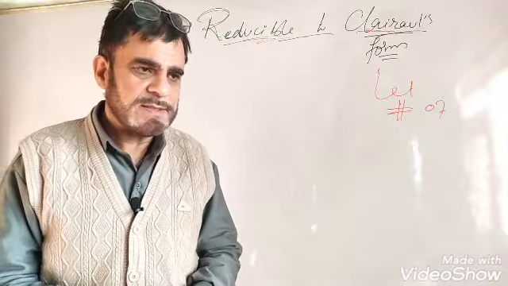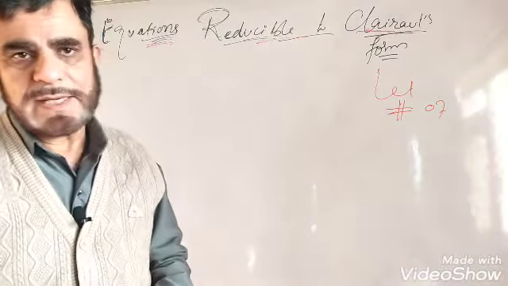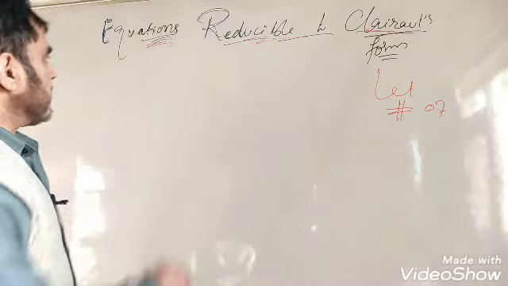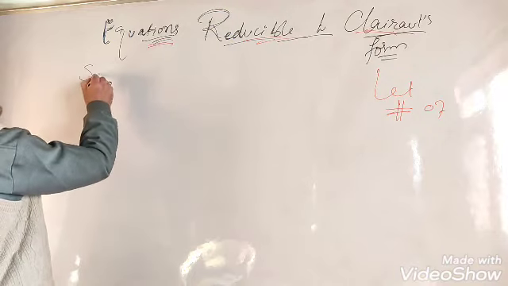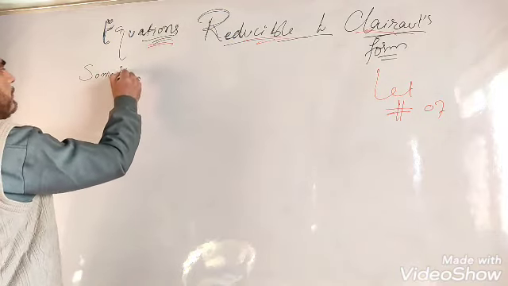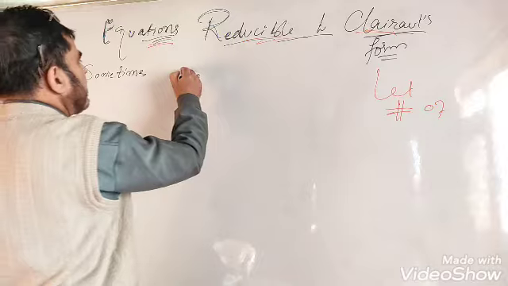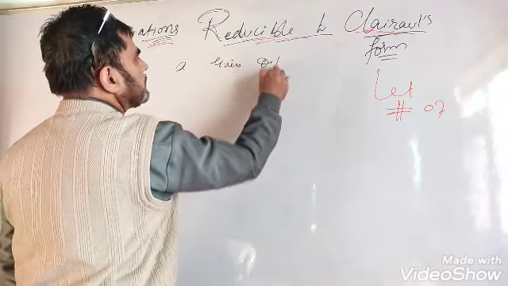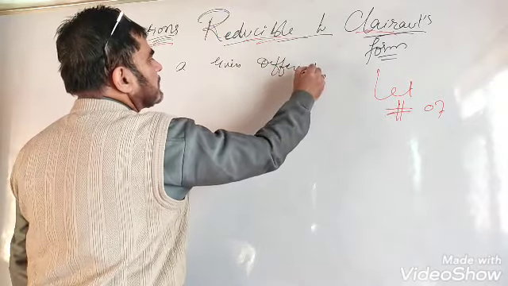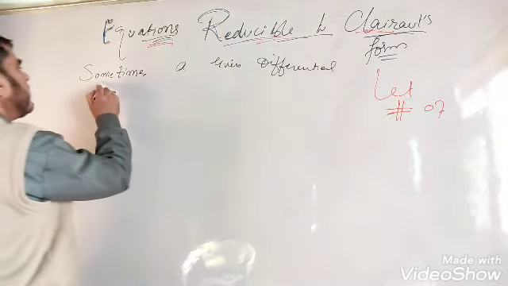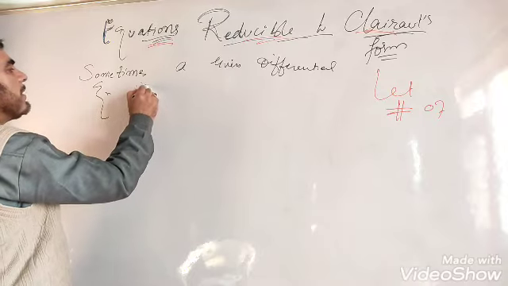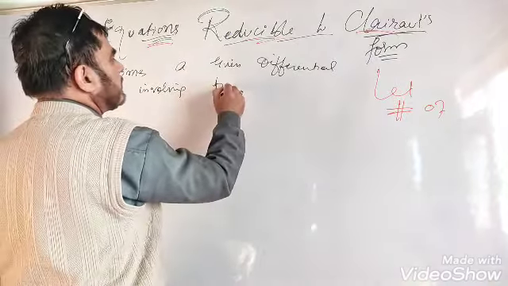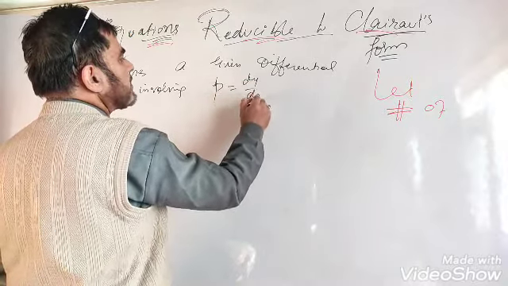Now in certain cases, a differential equation can be reduced to Clairaut's form by change of variables. I write here, sometimes a given differential equation involving P, say it is dy by dx.